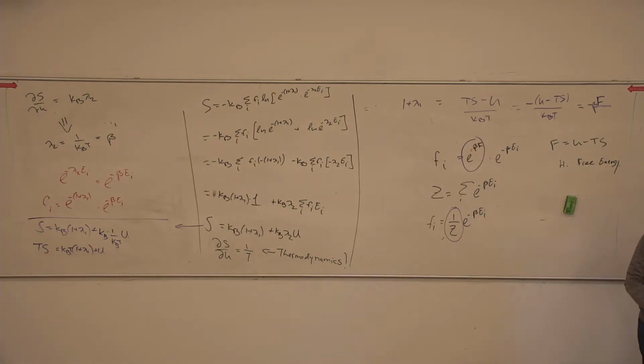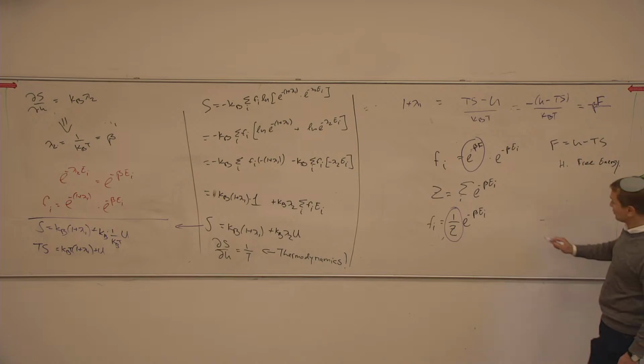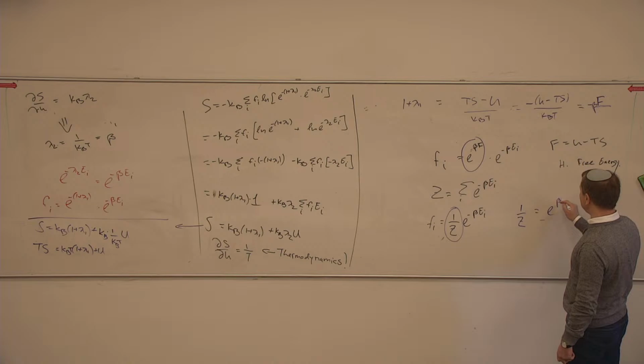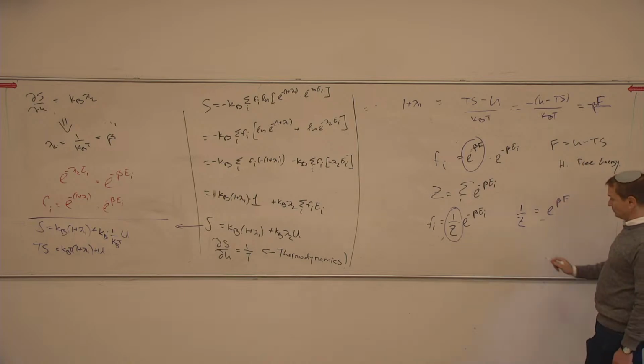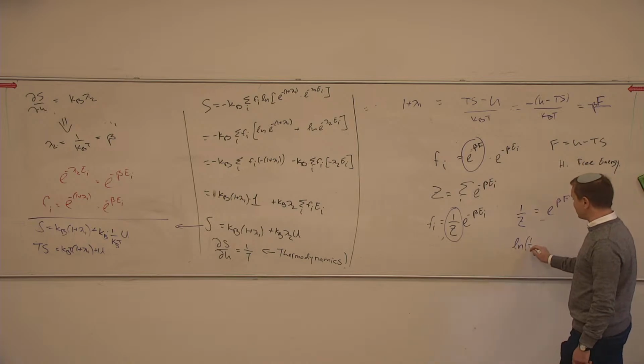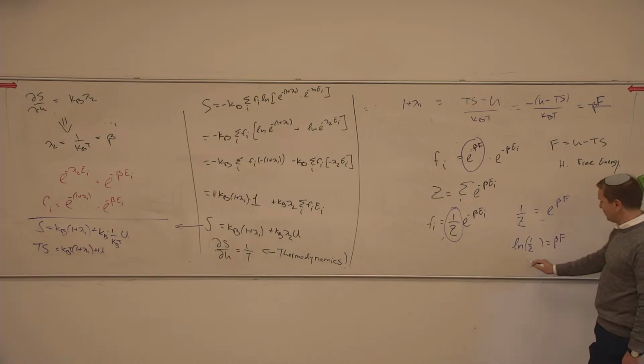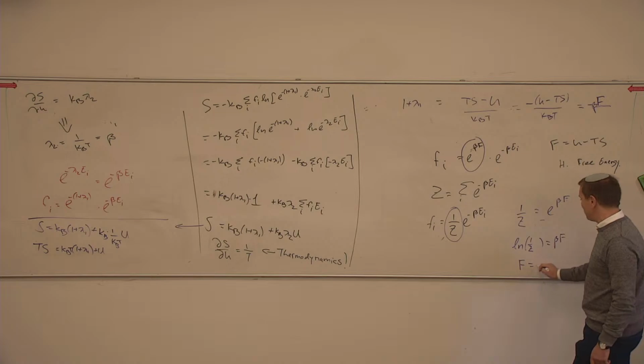F is minus ln Z over beta. We know this expression already, right? So 1 over Z equals e to the power beta F. Ln of 1 over Z equals beta F. F equals minus 1 over beta log of Z.